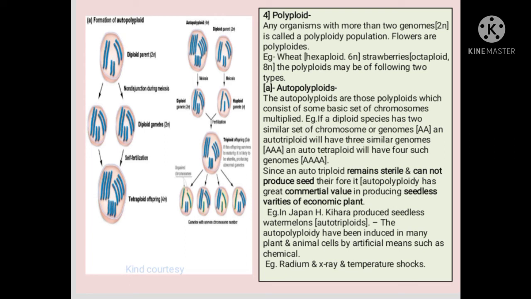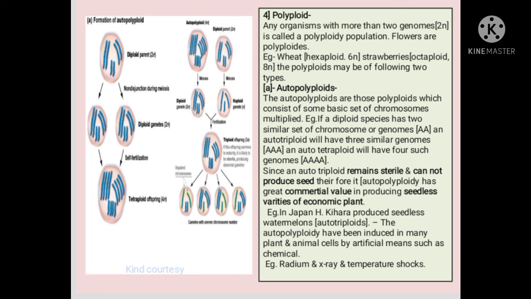Since an autotriploid remains sterile and cannot produce seed, it has a great commercial value in producing seedless varieties of economic plants. For example, in Japan, Kihara produced seedless watermelons, that is autotriploids.